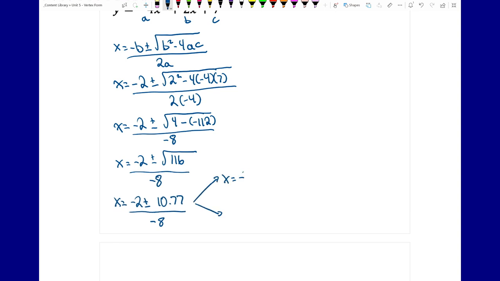X is equal to negative 2 plus 10.77 divided by negative 8, and x is equal to negative 2 minus 10.77 divided by negative 8. And from there we get two answers. We get negative 1.09 and we get positive 1.59. So those are my two x-intercepts.